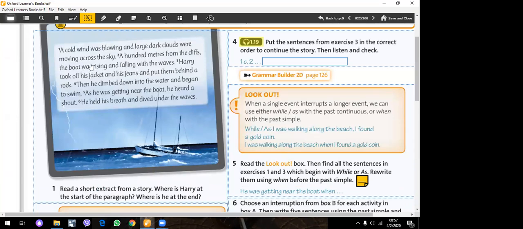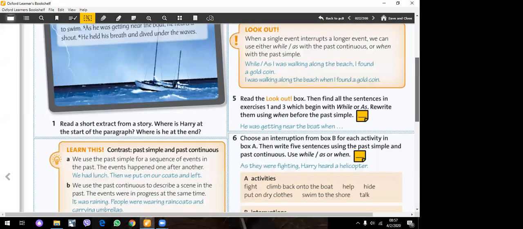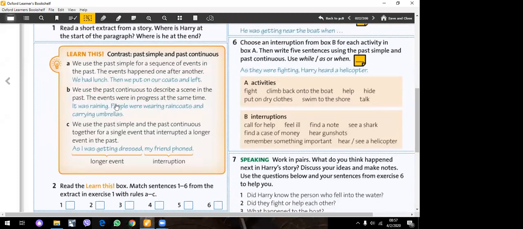If we see was and the verb with ing, oh, it's past continuous. Okay, thank you. You are right. Then you say the second one is B. Thank you.